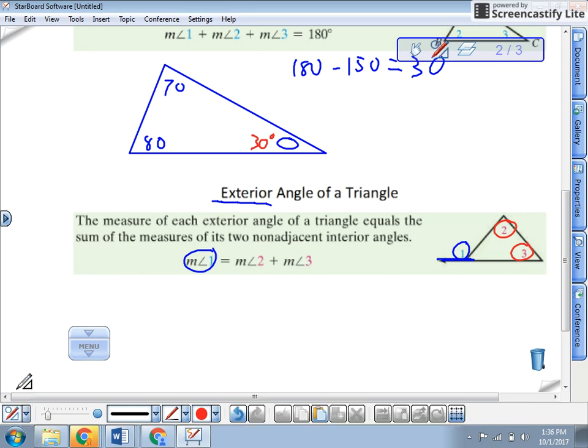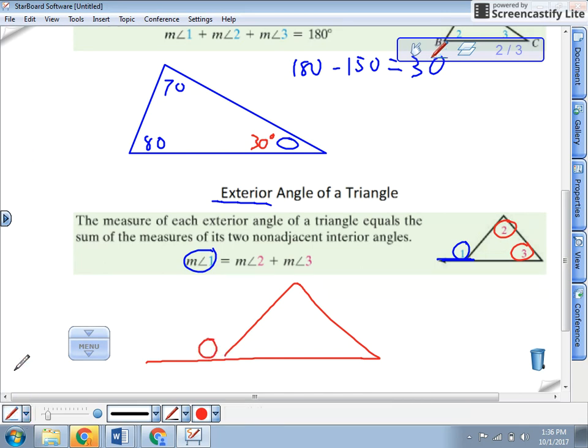If I draw my triangle, and then again I extend that line there, and we want to know the measure of this angle right here. Well, if we know that this one is 60 and this angle is 40, then I know that this one has to be 100, because 60 plus 40 equals 100. The two non-adjacent angles have to equal the exterior angle.